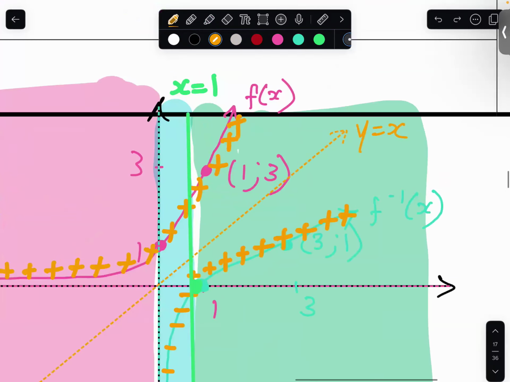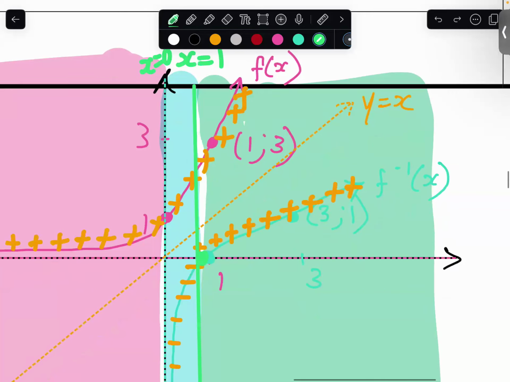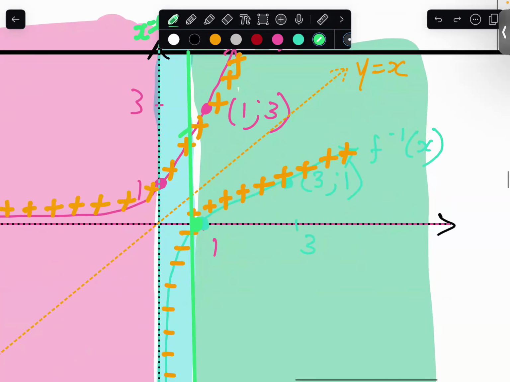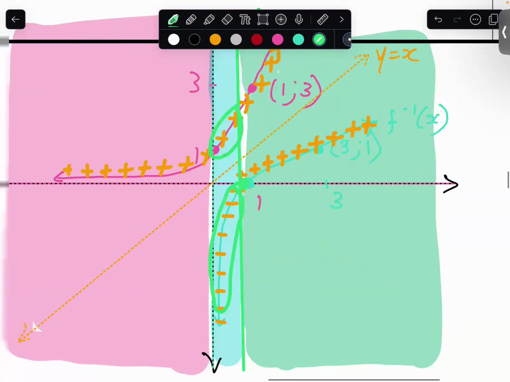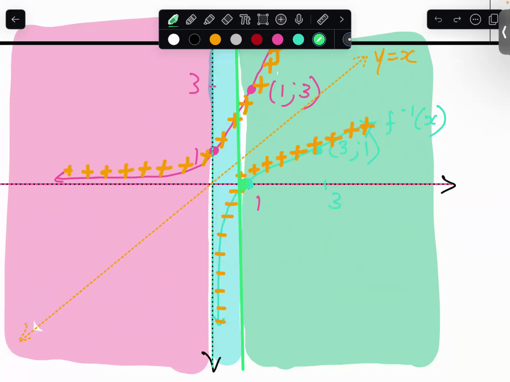Between x is equal to 1 and x is equal to 0, because this is the y-axis here, right? So between x is equal to 0 and x is equal to 1, one of them is positive and one of them is negative. So within that blue zone, one is positive, one is negative. That's a solution.